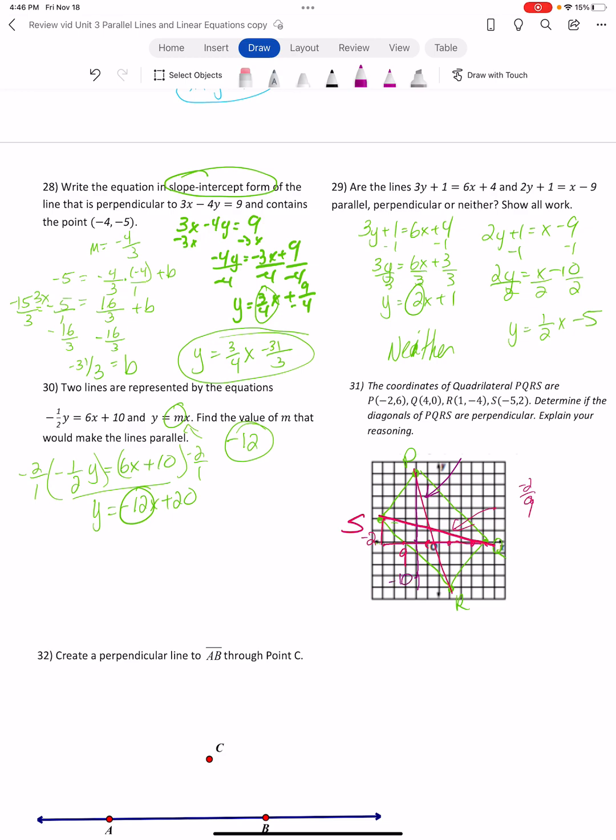I go down 10 and to the right 3. The other line is going to be negative 10/3. And so these are not perpendicular because negative 2/9 times negative 10/3 does not equal negative 1, which is one of the reasons. So that's about it for the review.